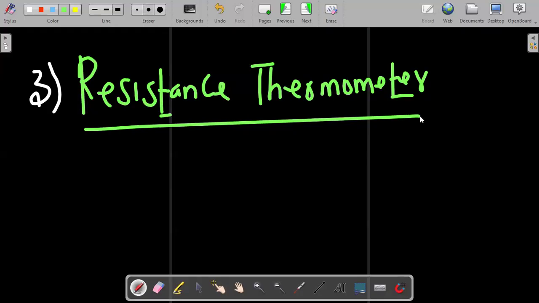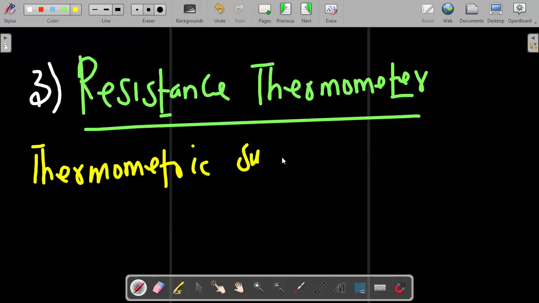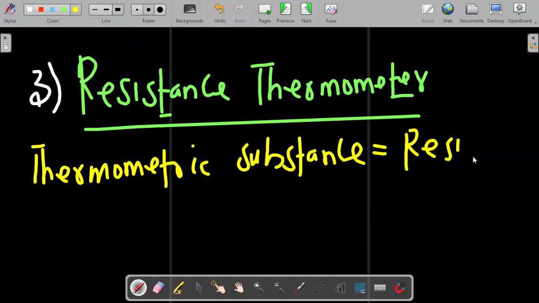So the thermometric substance is resistance wire. The thermometric substance is resistance wire.